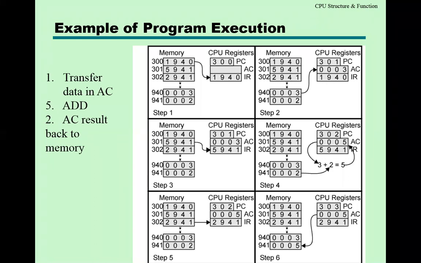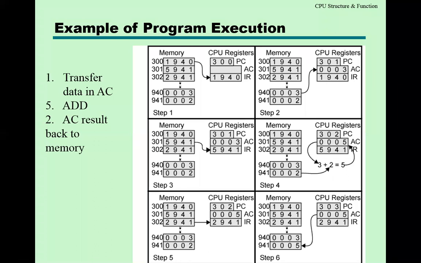AC is the accumulator. Accumulator is a general purpose register on the processor for operations, which is why we call it an accumulator. It is very close to your processor so that fast operations can be performed. The accumulator is a general purpose register used to store operands.